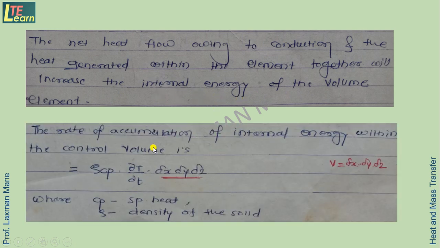So the rate of accumulation of internal energy within the control volume is given by the equation rho, the density of the solid, Cp, the specific heat of the substance, into del T by del t. Here del T is the temperature change and this is with respect to time. This is the elemental volume.